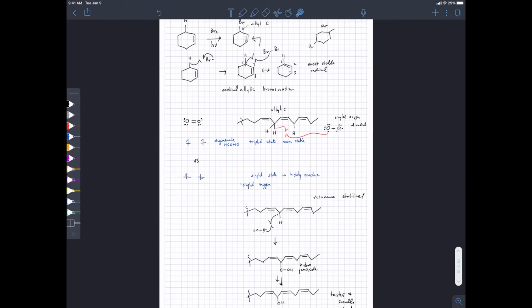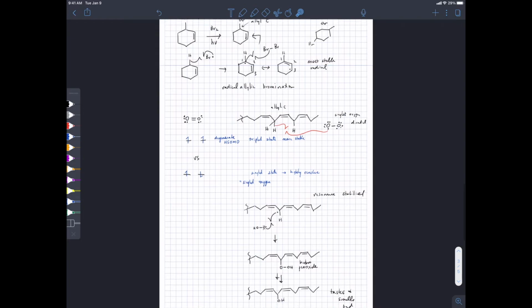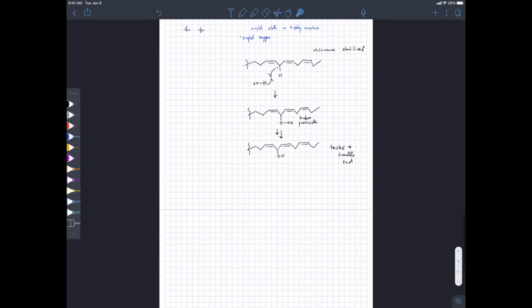Yeah. This might be a little off topic, but how does it stop? How would it prevent a radical from happening? There are molecules that are fairly stable as radicals, so I guess we would need to look up actually what TBHQ is.